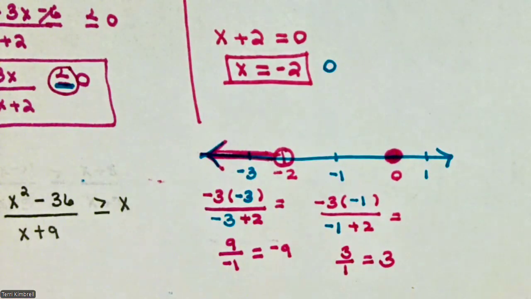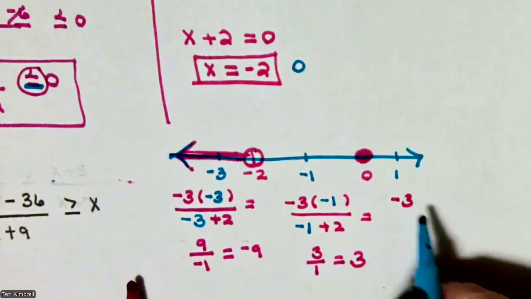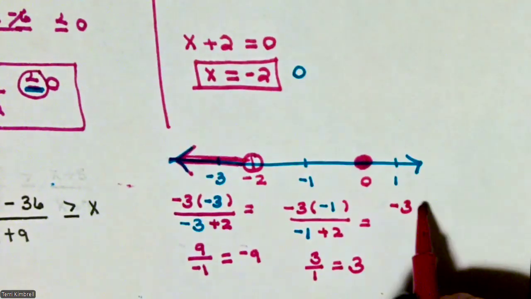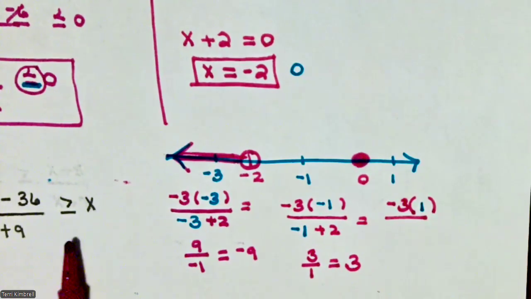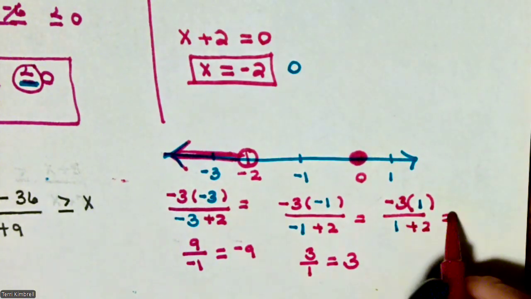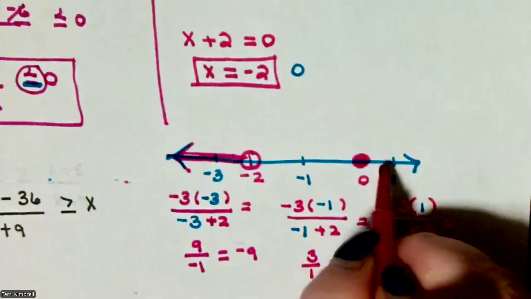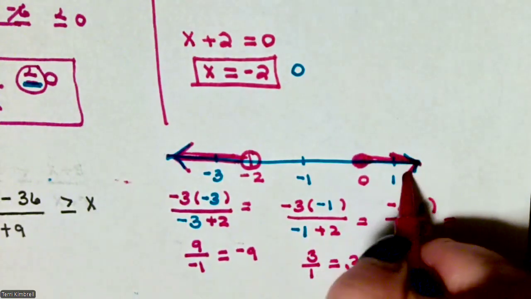It has to be less than 0. Okay, and the last one, you would put a 1 in. So we'd put a 1 here, and then we would have a 1 on the denominator for the other x. So that's going to give me a -3 over 3, which is -1. So -1 is smaller than 0, so it would be going to the right.